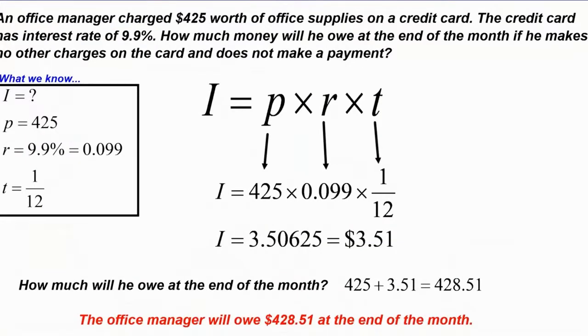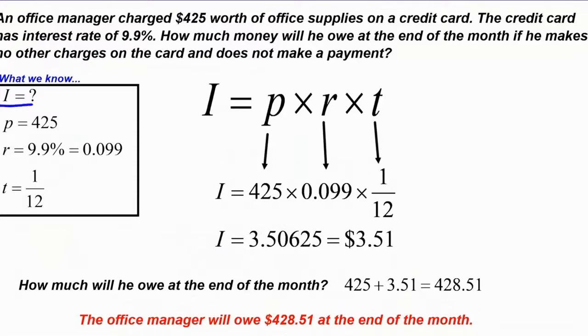An office manager charged $425 worth of office supplies on a credit card. The credit card has an interest rate of 9.9%. How much money will he owe at the end of the month if he makes no other charges on the card and does not make a payment? So again, what do I know? I don't know the interest because it says how much money will he owe at the end of the month. That's going to be what he owes originally plus the interest.